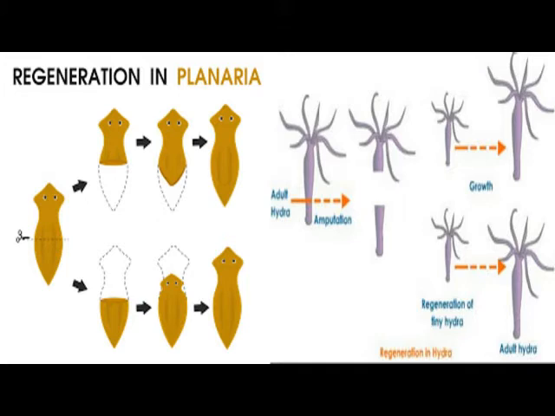Regeneration is carried out by specialized cells. These cells proliferate and make large numbers of cells. From this mass of cells, different cells undergo changes to become various cell types and tissues.